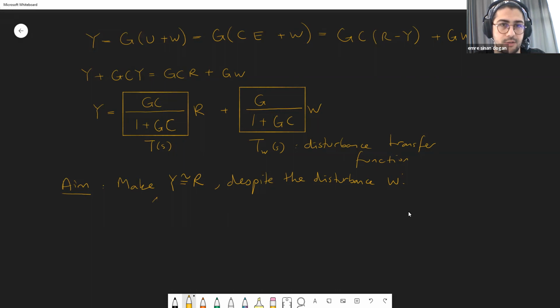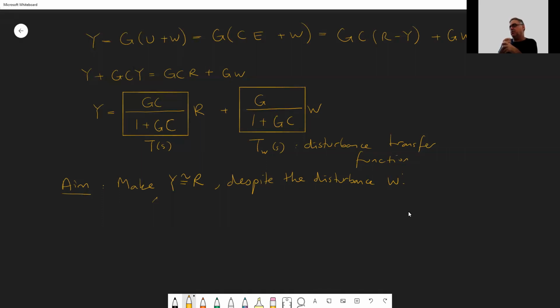No, disturbance is something external to the system that you have no control over. For example, the wind, let's say in a car or in an airplane, or the outside temperature. Drag force is possible, but drag force is something you can model and put into your model.